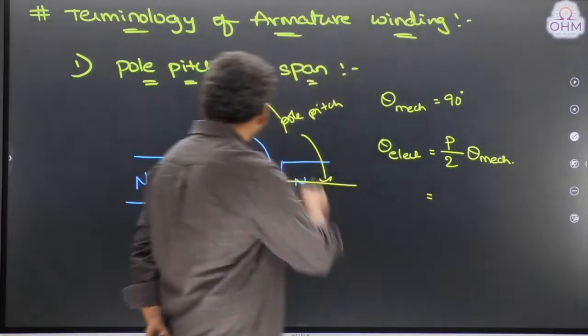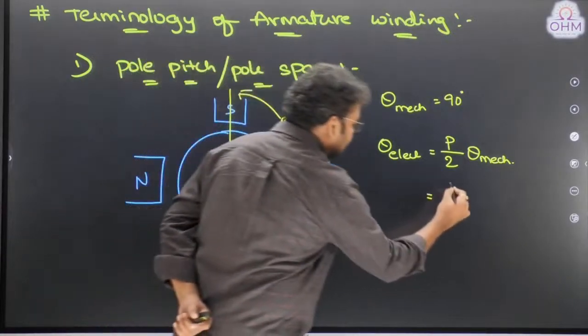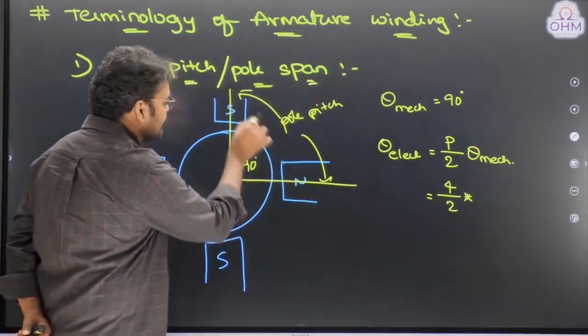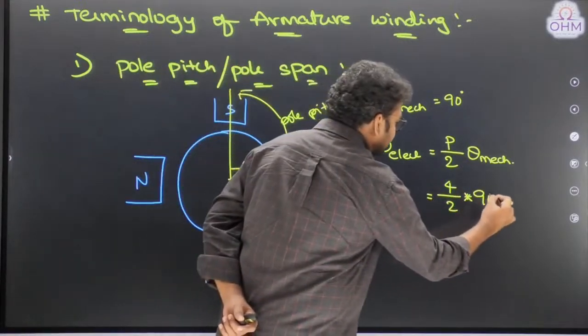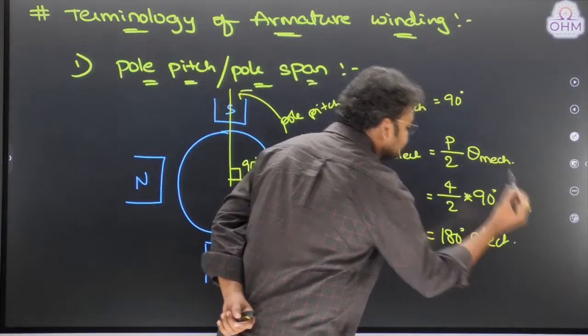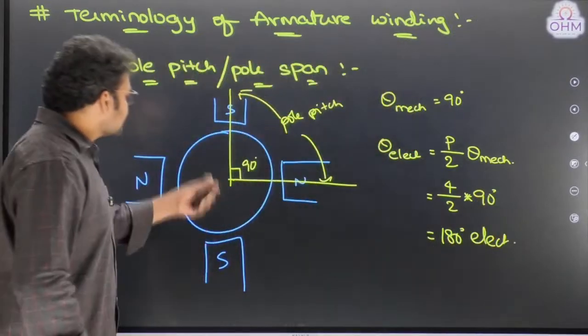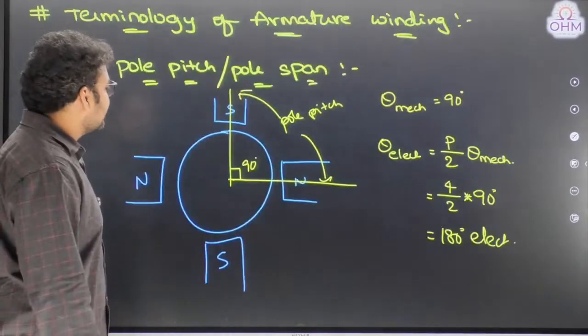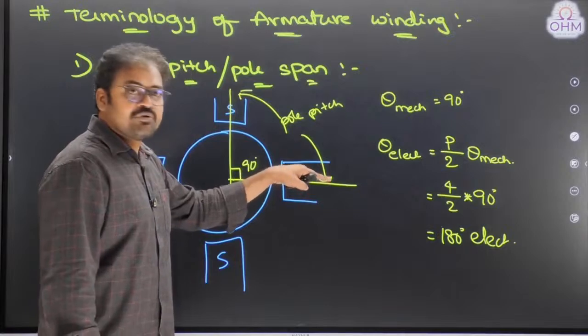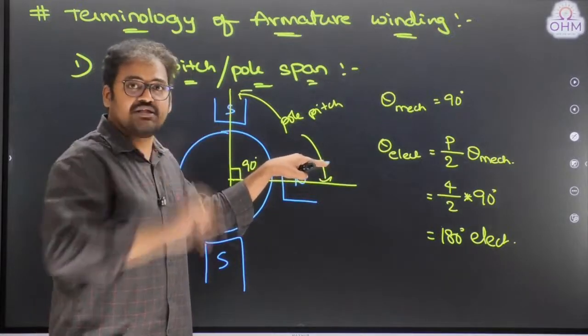Electrical angle is always equal to P by 2 times the mechanical angle. Here how many poles are there? 4 poles. So 4 by 2 into the mechanical angle between two poles, 90 degrees. Therefore, the electrical angle will become 180 degrees. Even if you take a 6 pole machine, what is the angle from one pole to another pole? 60 degrees, that is the mechanical angle.